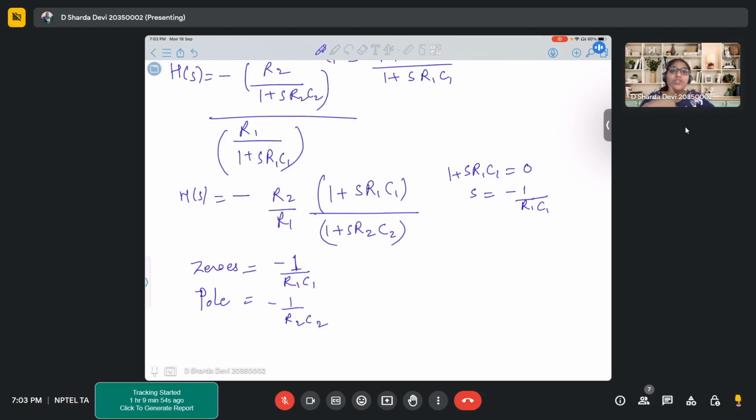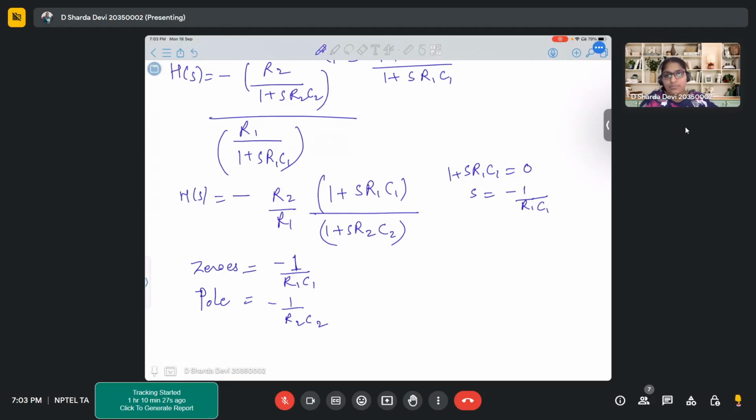The frequency for which your gain goes to infinity is known as the pole frequency, and the frequency for which your transfer function or gain goes to 0 is known as the zero. For a zero, you equate the numerator to 0. For a pole, you equate the denominator to 0. 1 by 0 is nothing but infinity.